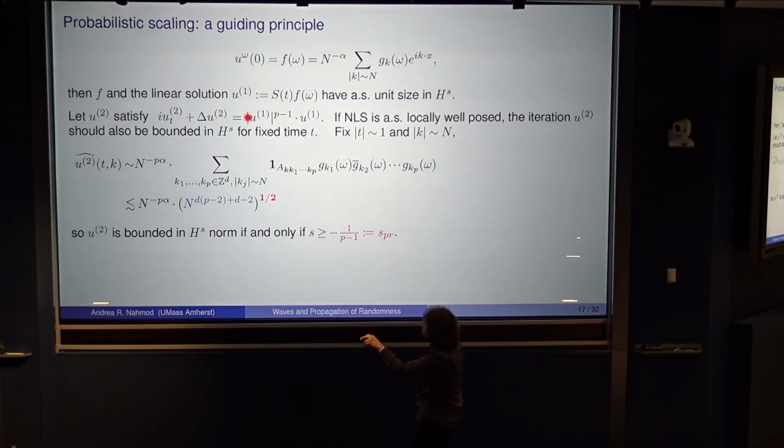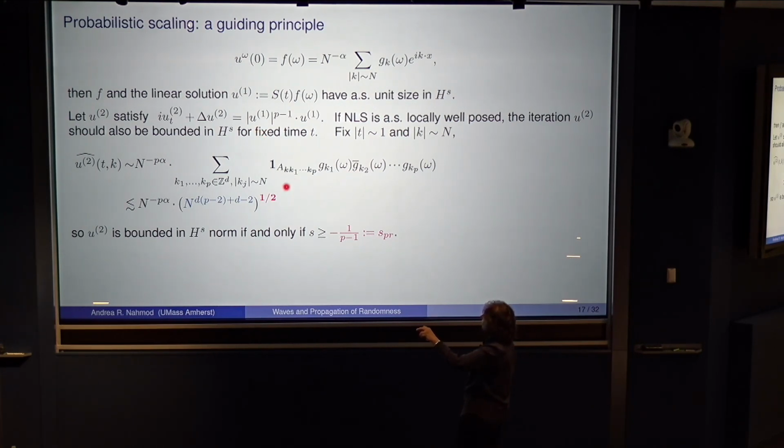I mean, you are taking the Fourier transform of a product of p functions, which have these Gaussian random variables, so those are reflected here. All the k1 through kp, you have p random variables here, with bars and no bars, because remember, this is complex valued.